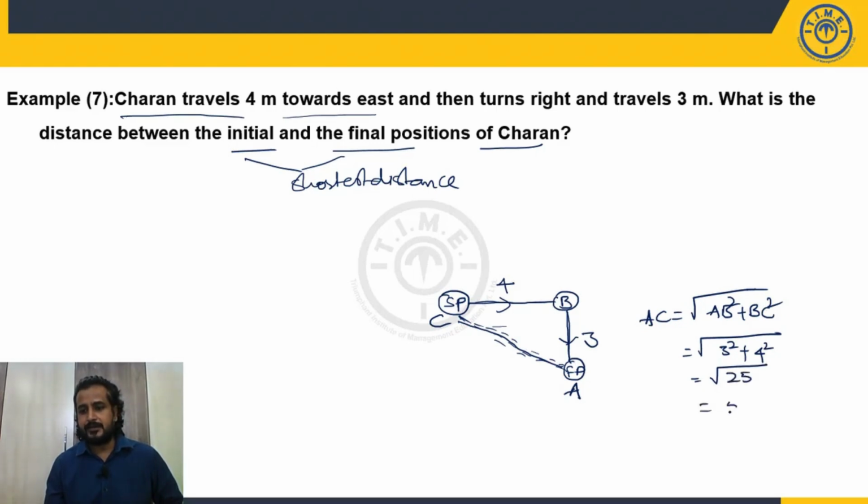So what is the AC distance? 5. They are asking the distance between these 2 points, not the entire distance. So the distance between these 2 points is 5 meters, which is nothing but the shortest distance. So the answer is 5 meters.